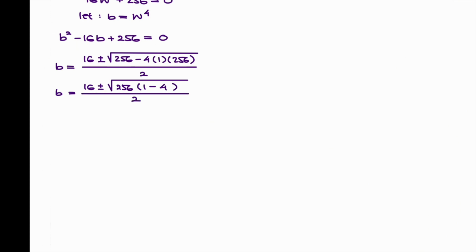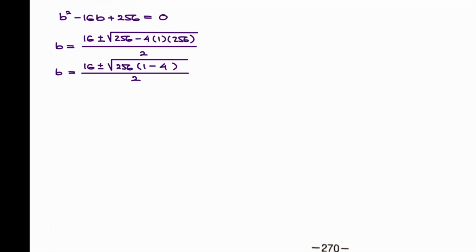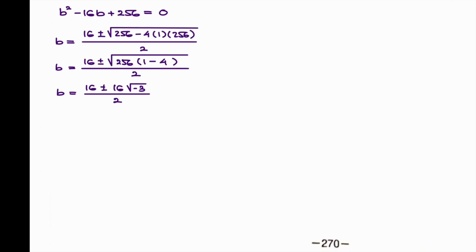You can take the 256 outside because the square root of 256 is equal to 16. Then b is equal to 16 plus minus 16 square root of negative 3, over 2. I can divide all the terms by 2. That means I have 8 here and here.